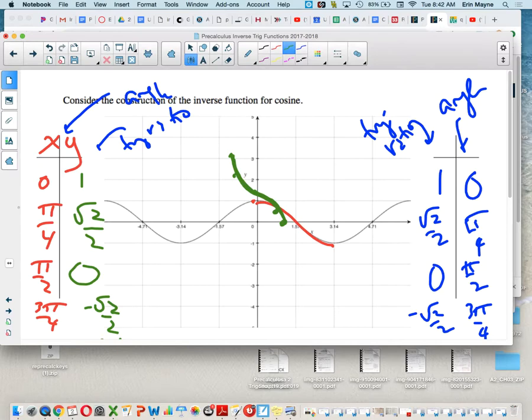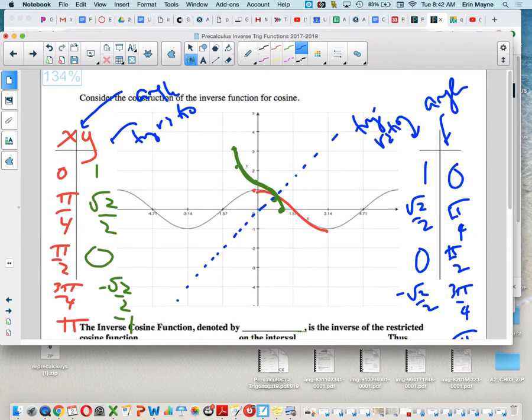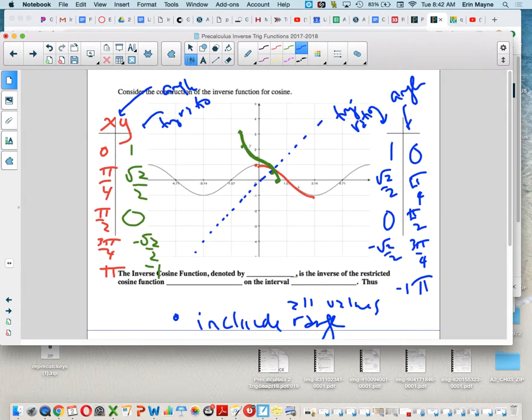So take a minute and try to get a pretty reasonable picture. When I look at this, I can see that it's reflecting about the line y equals x. Now, what I want you to begin to understand is this comparison.